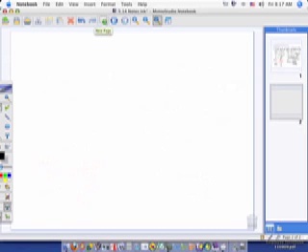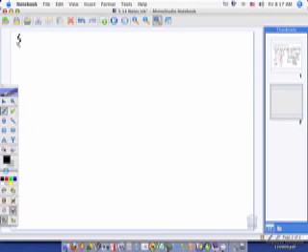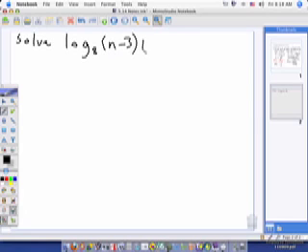Okay, so we're going to solve log base 8 of n minus 3 plus log base 8 of n plus 4 equals 1.